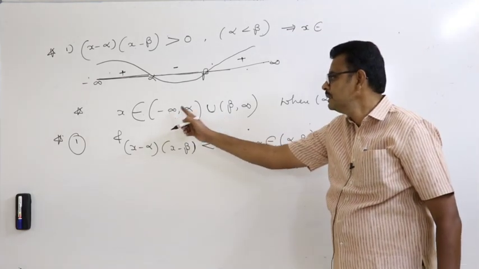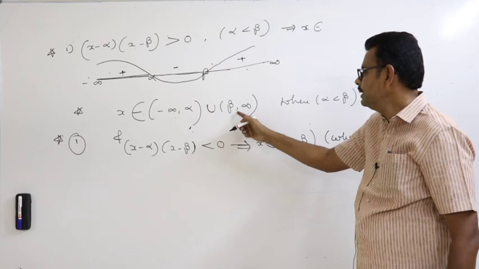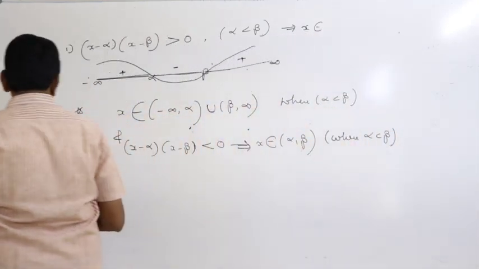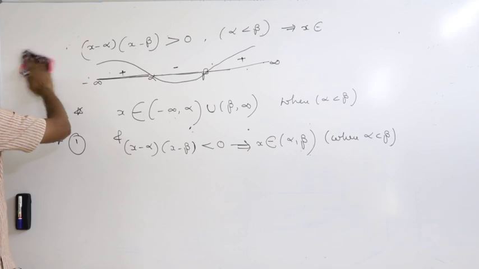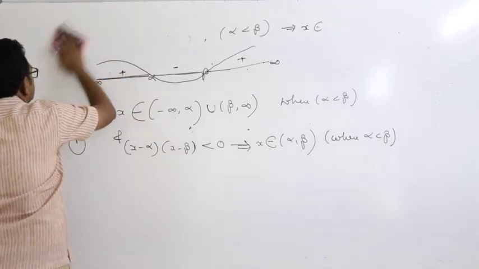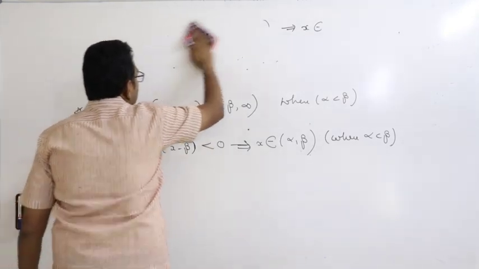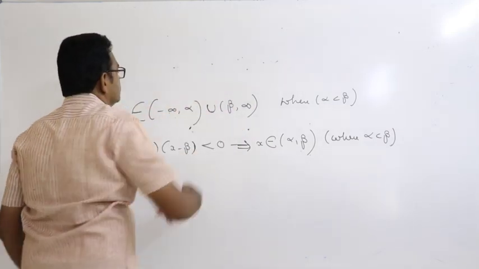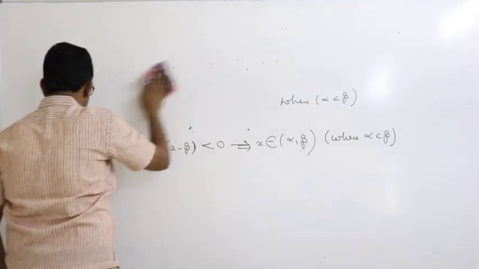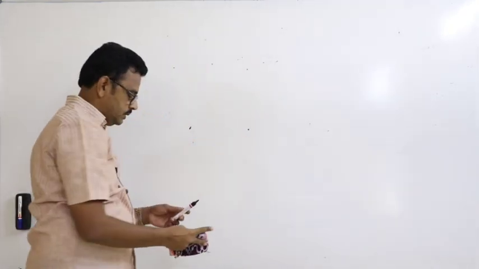Alpha, this is infinity, this is alpha, this is beta, this is minus infinity, this is symbol alpha, beta, infinity. Now we can do some problems.